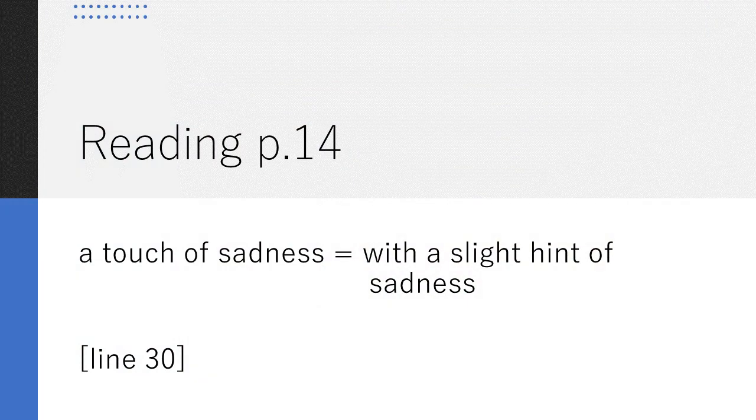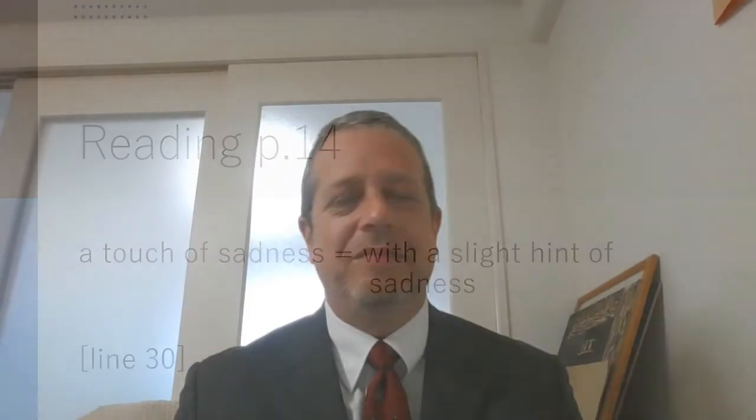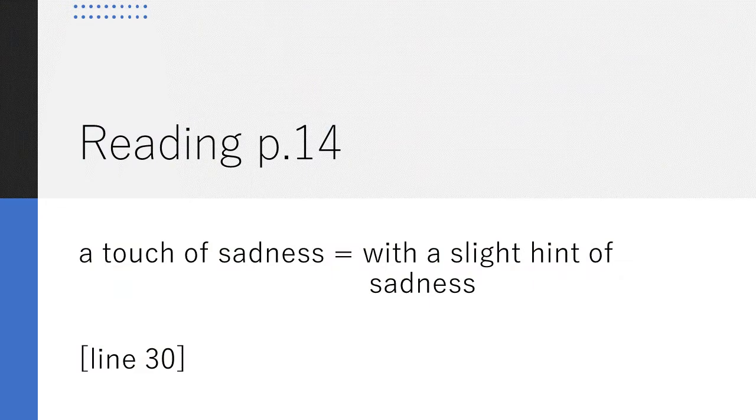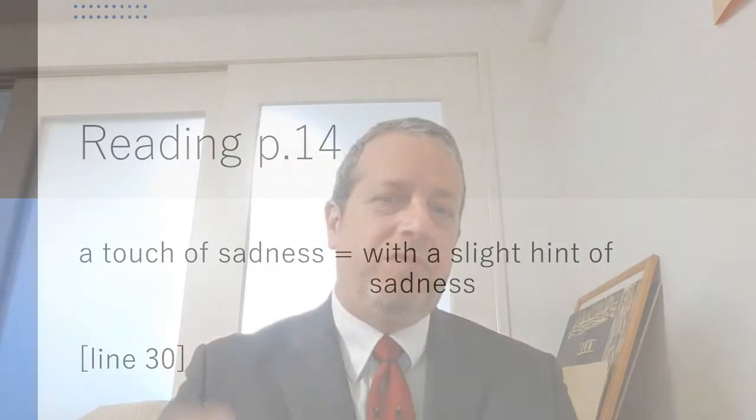Getting closer to the end, in line number 30, the phrase "a touch of sadness" comes up. If we describe something as having a touch of something, it just means it's a slight hint of that, usually emotion. Here, a slight hint of sadness. The whole feeling of this installation has a little bit of loneliness in it.